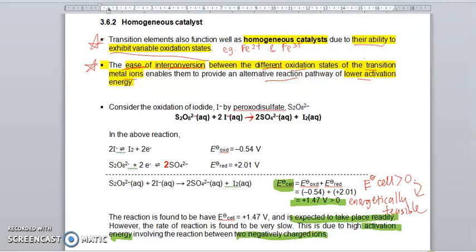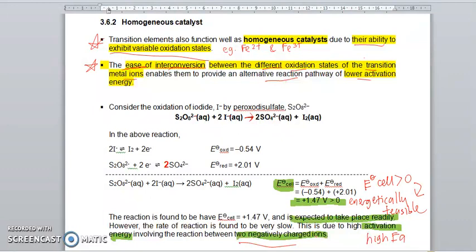So kinetics and energetics are two different branches. If E0 cell is positive, it automatically means that it's energetically feasible, but the kinetics may not be so. In fact, the activation energy is very high, and therefore it is very slow. The activation energy is high due to the repulsion between like charged ions.